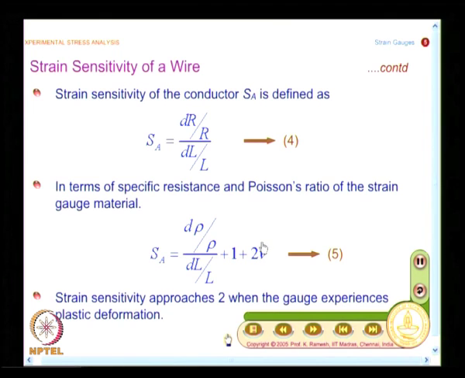And what you have here is, this gives an indication that strain sensitivity approaches 2 when the gauge experiences plastic deformation.